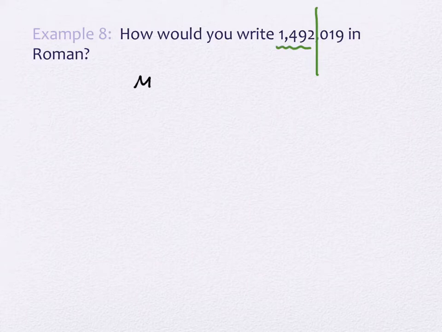How do I get the 400? Okay, so we kind of would like to do 4 C's, but they don't do 4 of anything. So we're going to do CD. The D is a 500, and then I take 100 away so that I don't have to write 4 C's. Good job. And then I've got 90. How do I get 90?